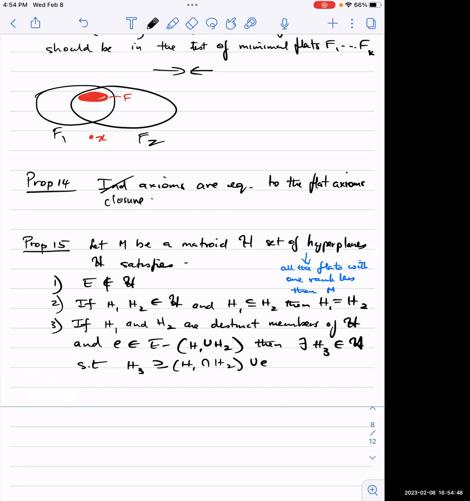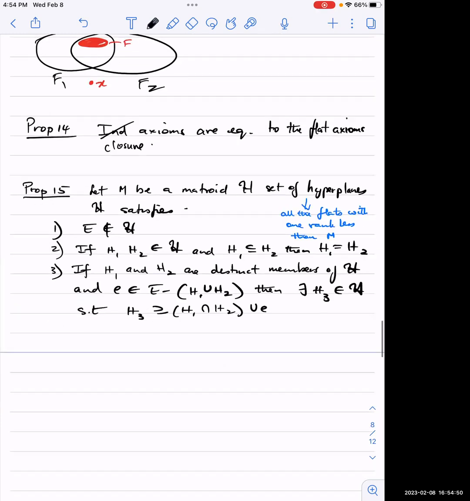I think I got that right. It's a little intense, and there's a lemma that's required that we're not going to be doing. So yeah, that's it.